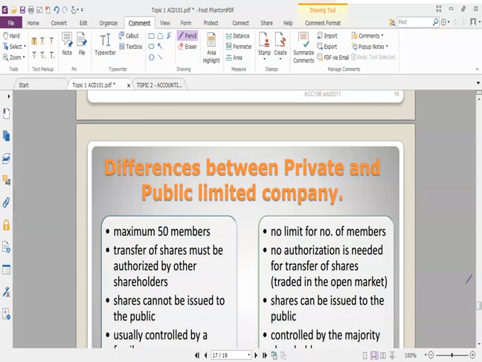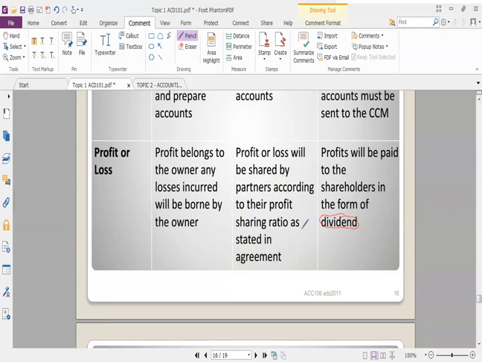For companies, you should have a lot of capital in order to open up your company. Yes, capital investment.